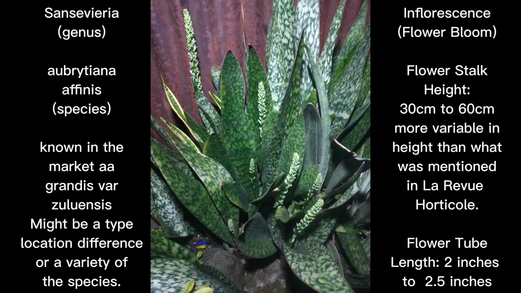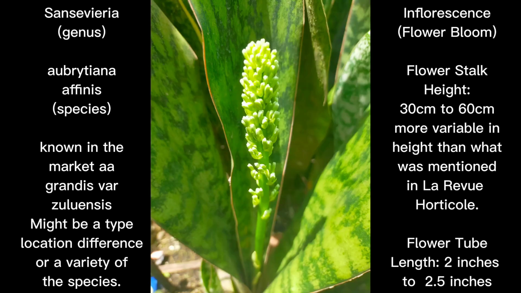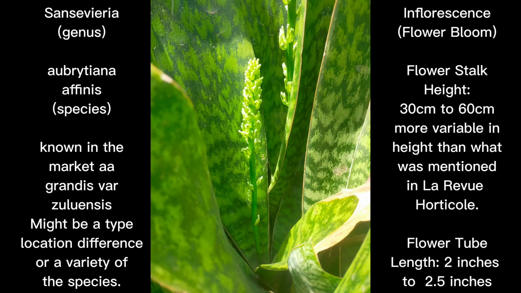And as you can see, the stalk height is very variable. There are stalks that are very short. There are stalks that are already very long, and on this picture you will see that the flower tubes are becoming more evident, and they will grow apart from each other in clumps.